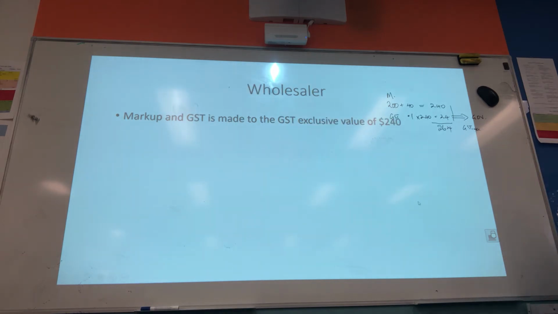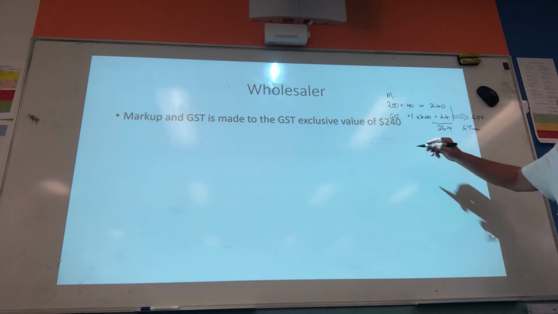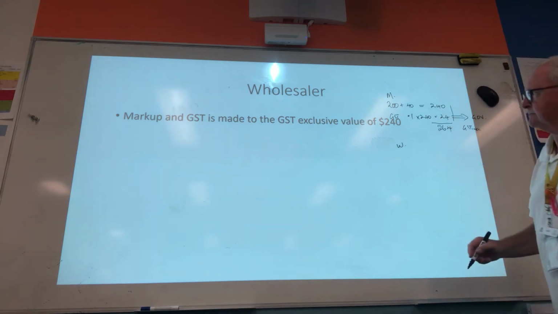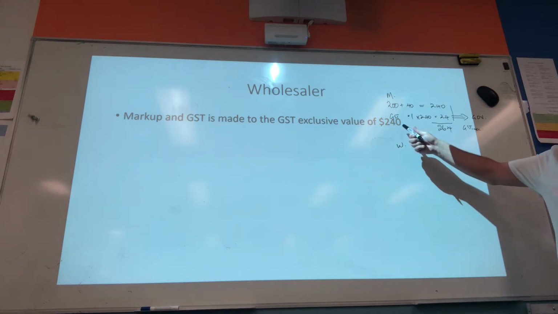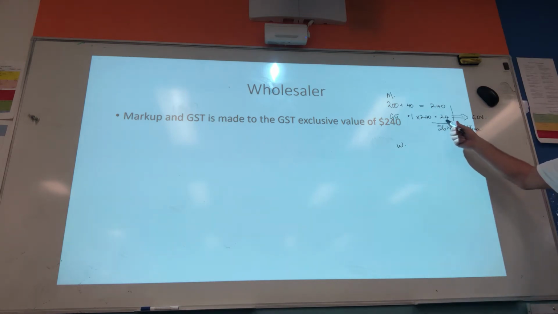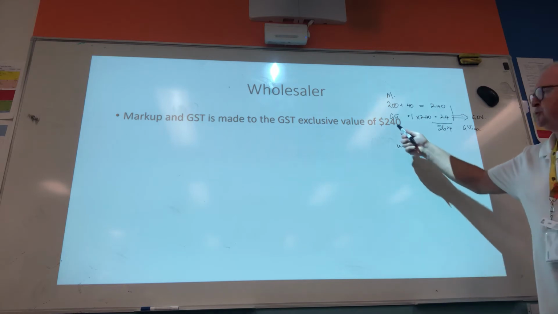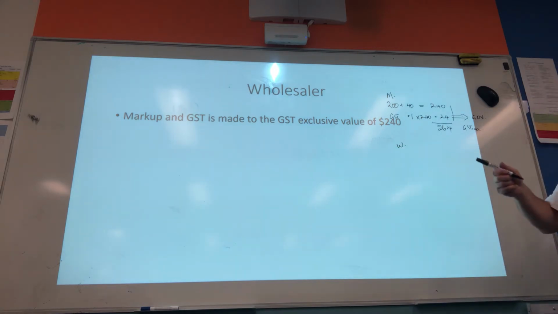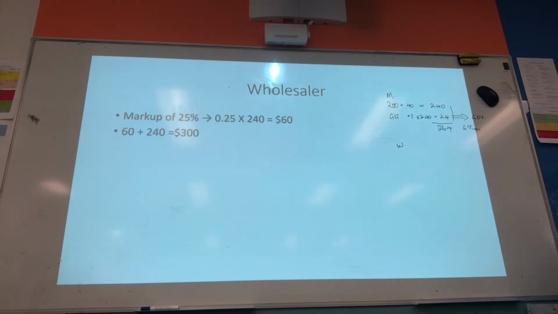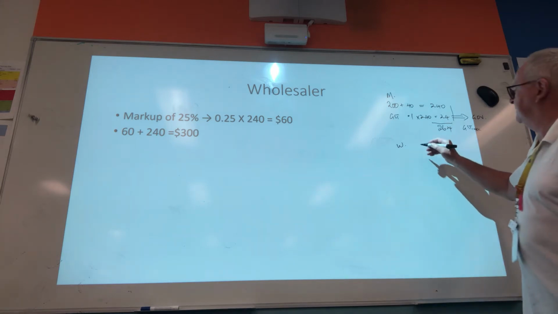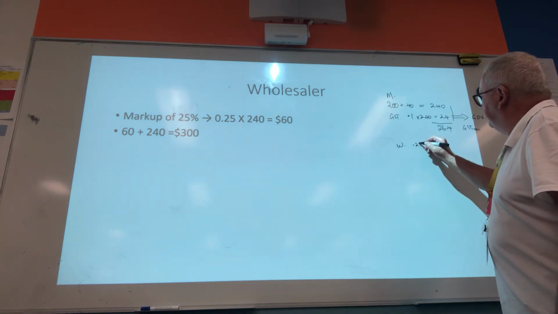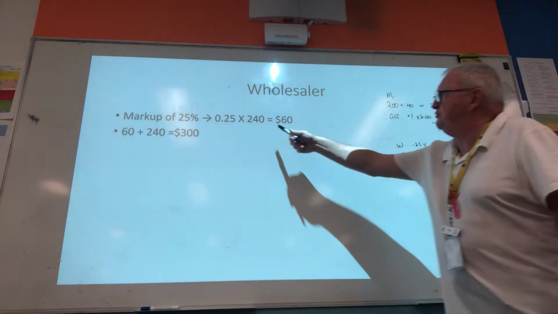Now we've got the wholesaler. You can't mark up that $24. All right? We can't mark it up because it's a tax. We can only mark up the $240. Does that make sense? So when we look at the next bit, the markup is 25%, which is 0.25, lots of the 240.